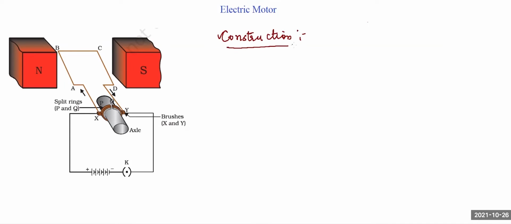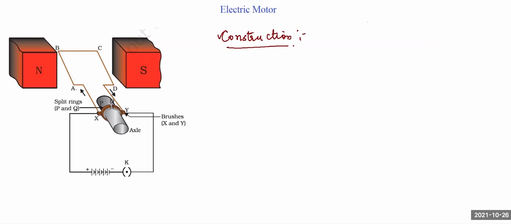Motor construction. So it basically consists of a rectangular coil as shown in the figure named ABCD. This is a coil of insulated conductor and the coil is placed between the magnetic fields of this magnet as shown in the figure, the north and south poles of a magnet.